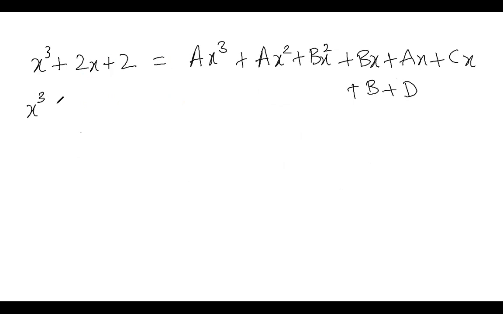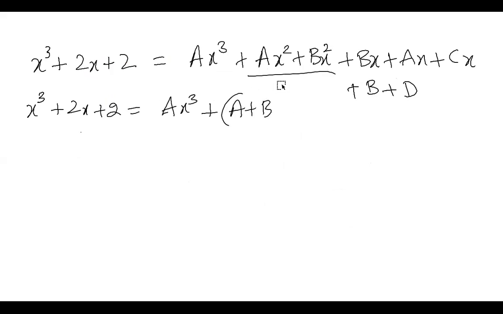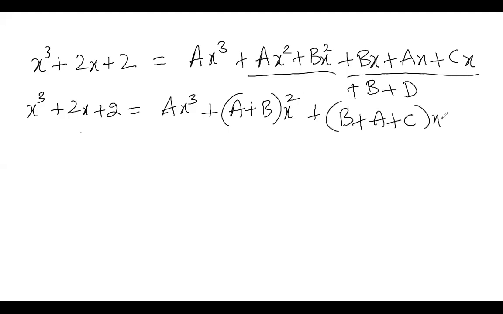Now x cube plus 2x plus 2 equals ax cube as it is. In this, x square is common: a plus b into x square. In this, x is common: b plus a plus c into x, and the remaining is plus b plus d.